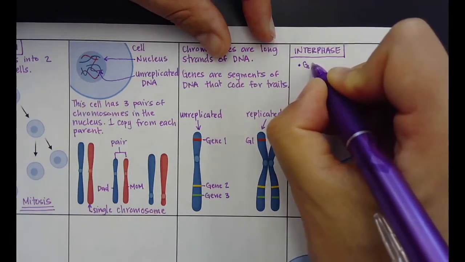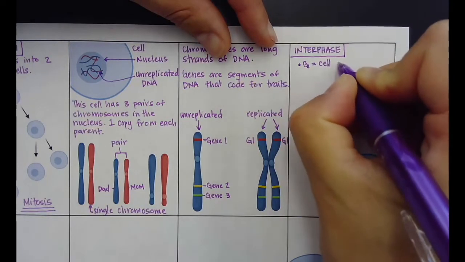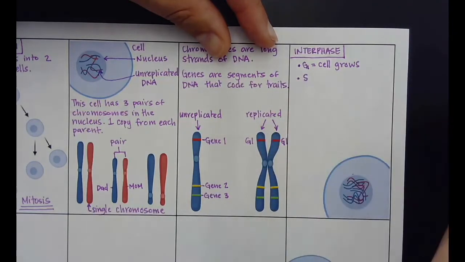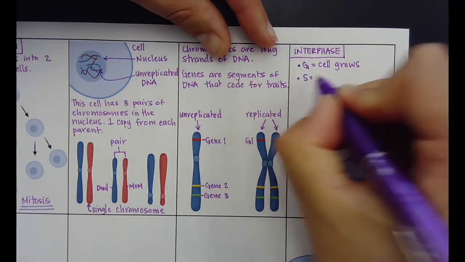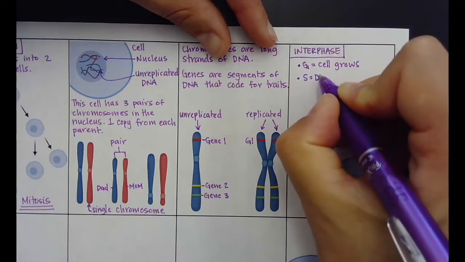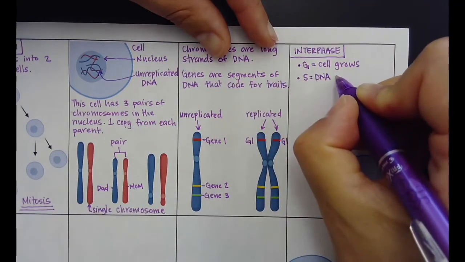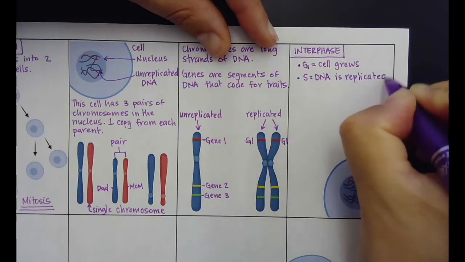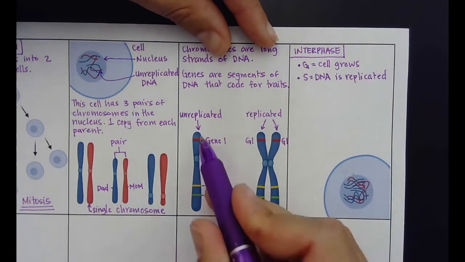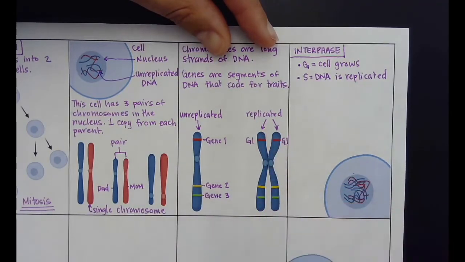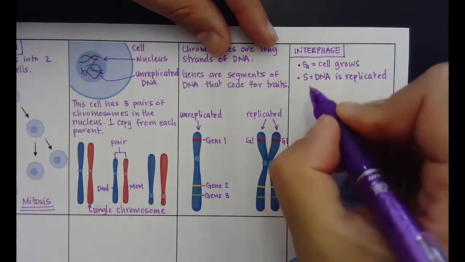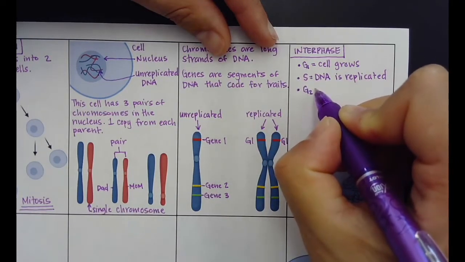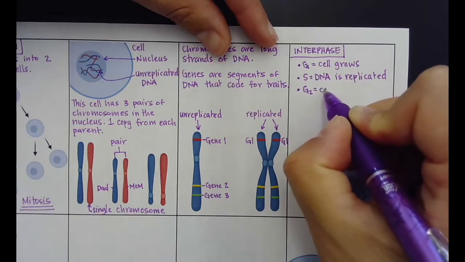And in G1, the cell grows. Next, you have the S stage. And in the S stage, DNA is replicated. So we're going to go from one chromosome to this X replicated chromosome. And then in G2, the last part of interphase, the cell is going to prepare to divide.